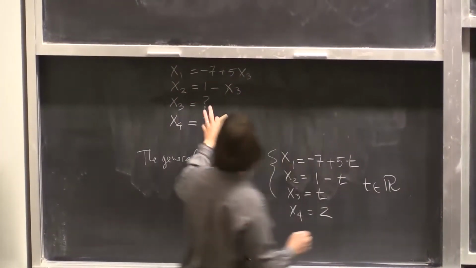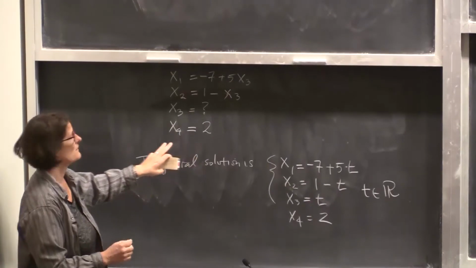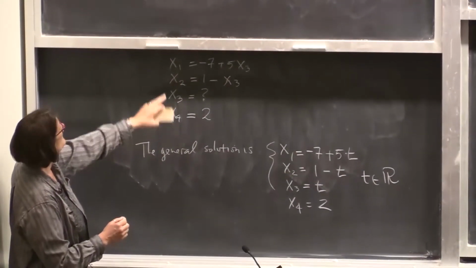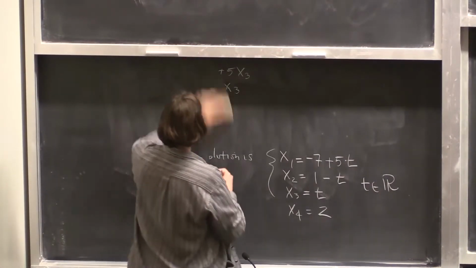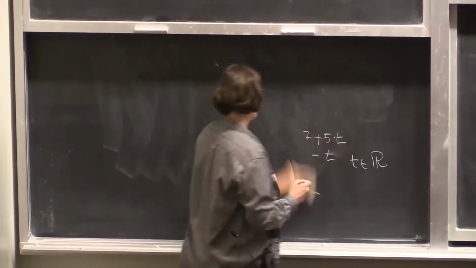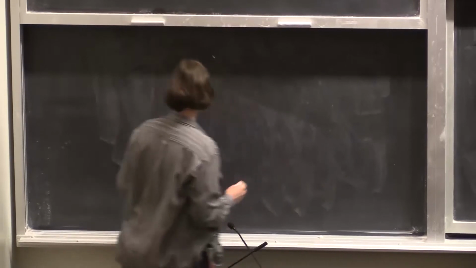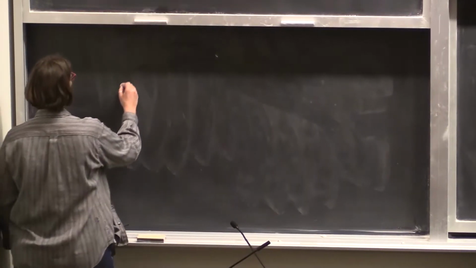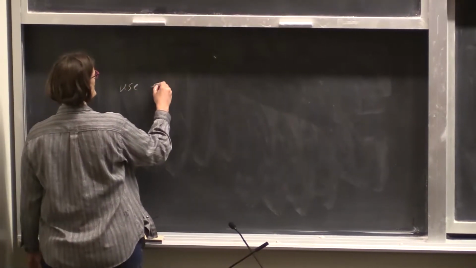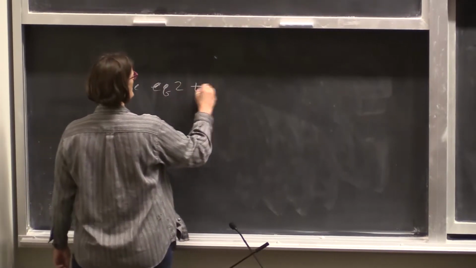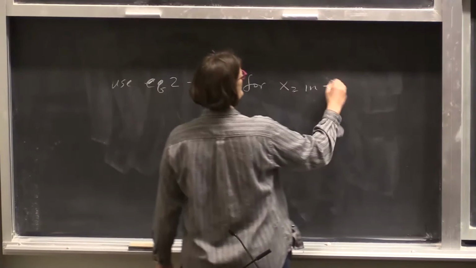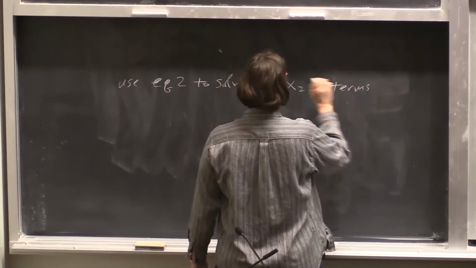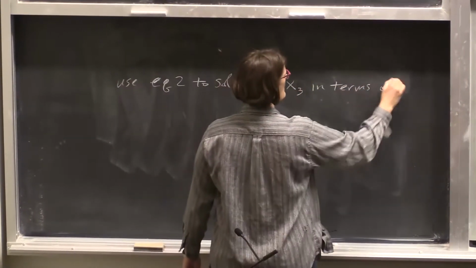Because you saw how easy it was here. Because x3, that had to do with the structure of that system. But let's not be so clever. Let's say that we will use equation 2 to solve for x3 in terms of x2.